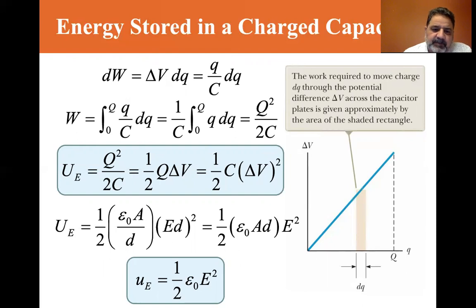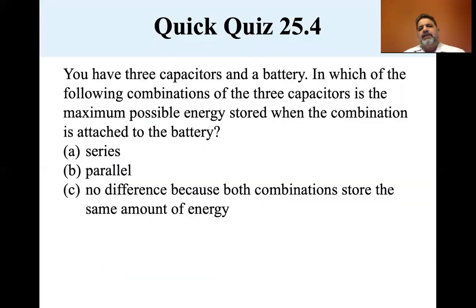Okay. You have 3 capacitors and a battery. In which of the following combinations of the three capacitors is the maximum possible energy stored when the combination is attached to the battery? Well, if you put them in series, we know that the charge is the same on each capacitor.